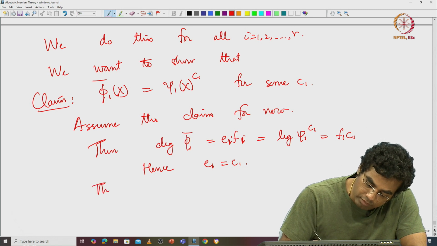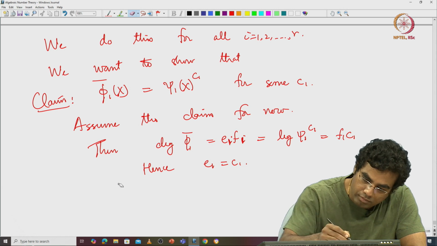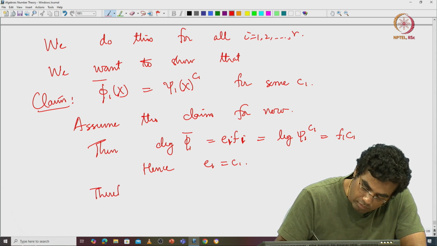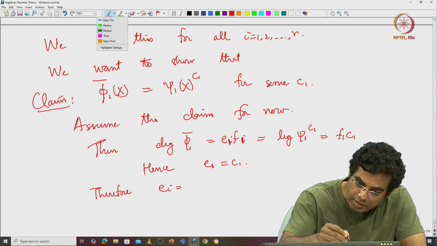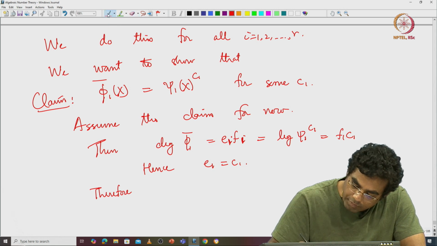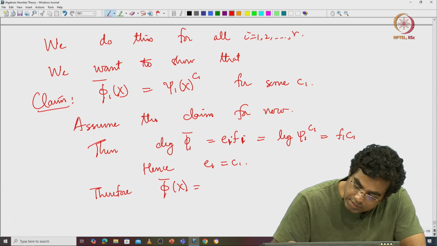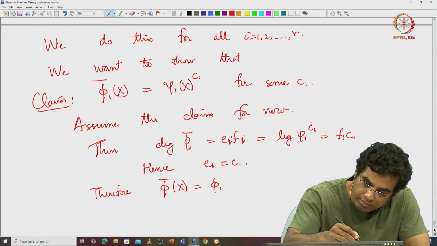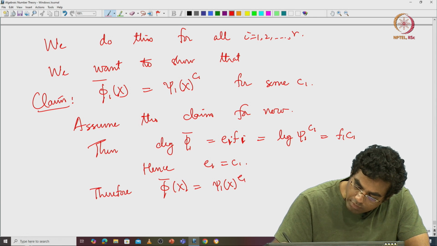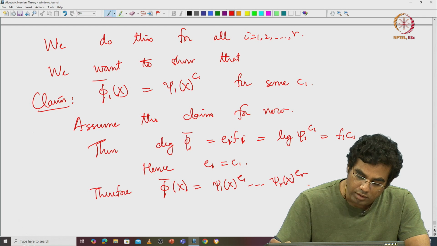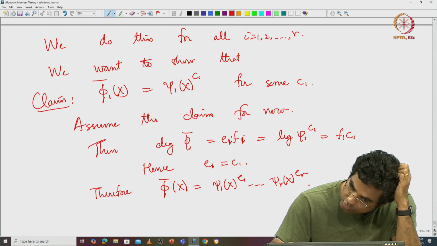So, therefore, phi bar(x) is psi_1(x) to the e_1 and so on up to psi_r(x) to the e_r. Okay. So, all that remains is to prove the claim.